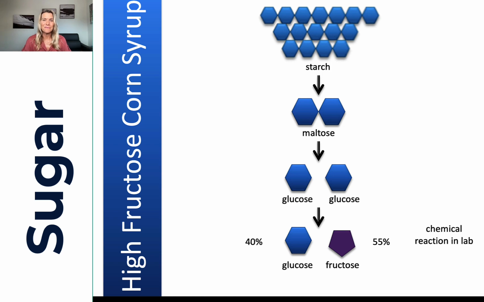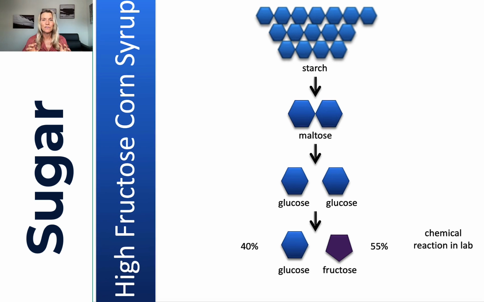Okay, we're finishing up with this. I just want to talk a little bit about high fructose corn syrup. It's not as prevalent as it used to be, but you'll still find it in so many processed foods. High fructose corn syrup is actually made from starch. And if you knew a little bit about starch, you remember these are glucose, right? It's just glucose, all linked together, packed together. They take that starch and they put it through a process that yields maltose and then two glucose.